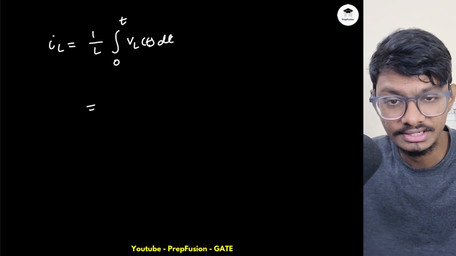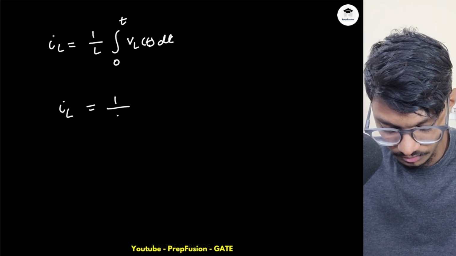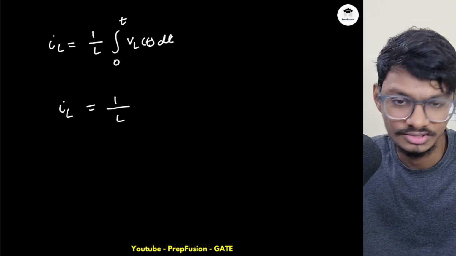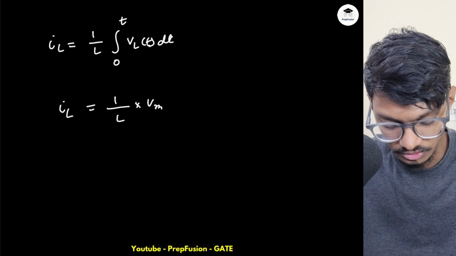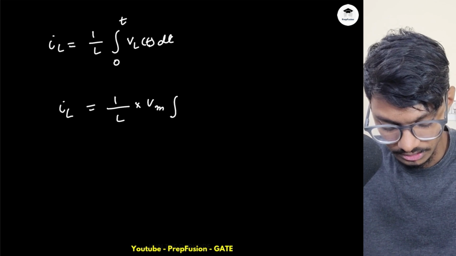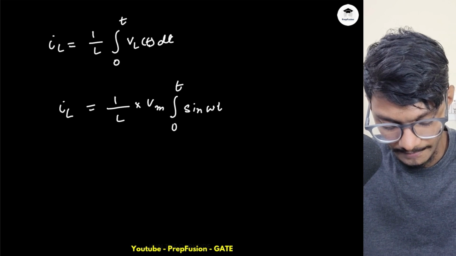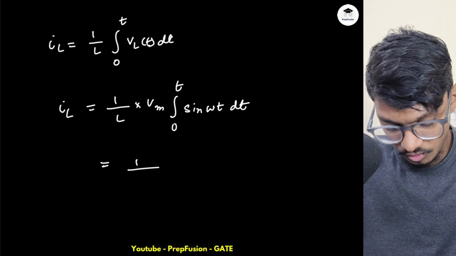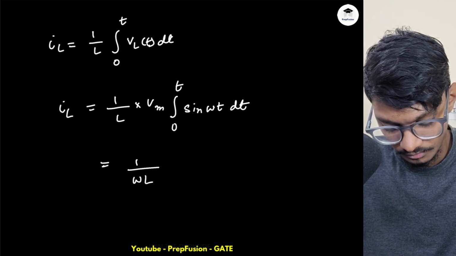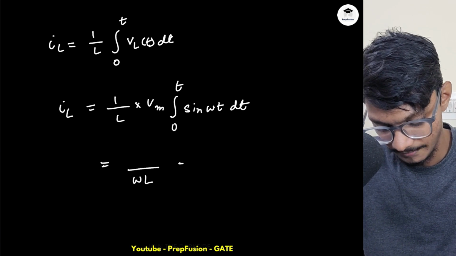And what is VL(t)? It is Vi(t). So iL equals 1 by L integral of Vi(t). Let's assume that it is some Vm sin omega t. Vm is a constant, so it will come outside. Integration of 0 to t sin omega t dt. So this will be Vm by omega L times minus, it's not 1, here I have Vm as well.